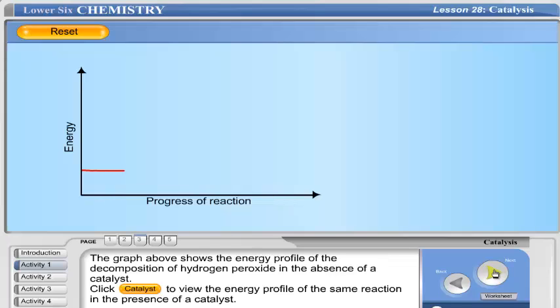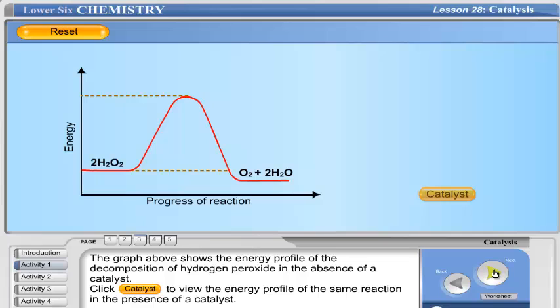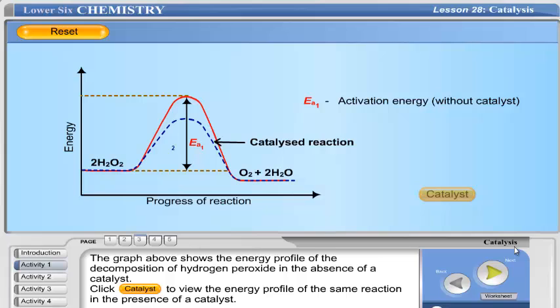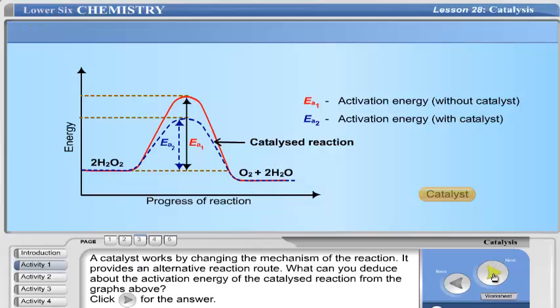The graph above shows the energy profile of the decomposition of hydrogen peroxide in the absence of a catalyst. Click the Catalyst button to view the energy profile of the same reaction in the presence of a catalyst. A catalyst works by changing the mechanism of the reaction.